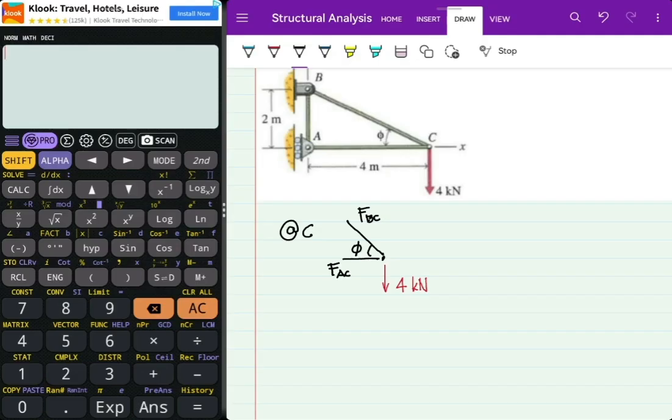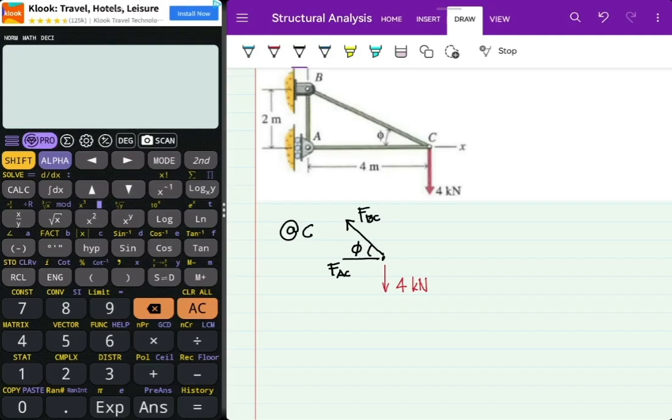For our case, that is 4 kN going down. So if we have a force going down, there must be a force going up to counteract the 4 kN going down in order to maintain equilibrium. Now for our two members, AC and BC, only BC has a vertical component, so therefore our BC is going up.